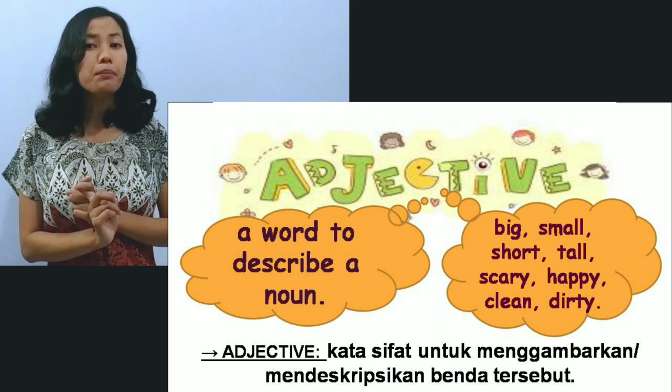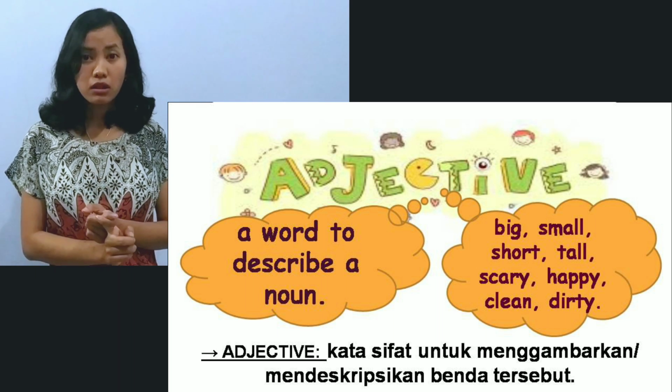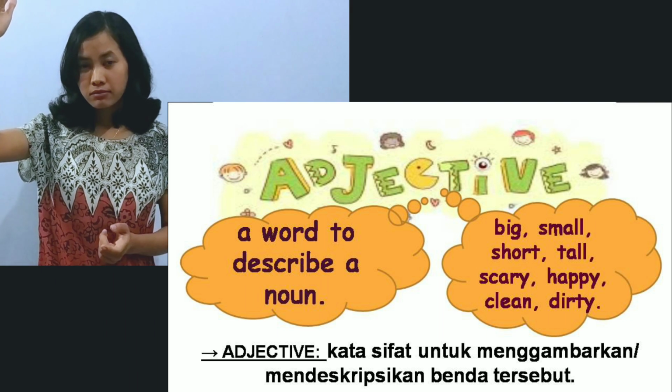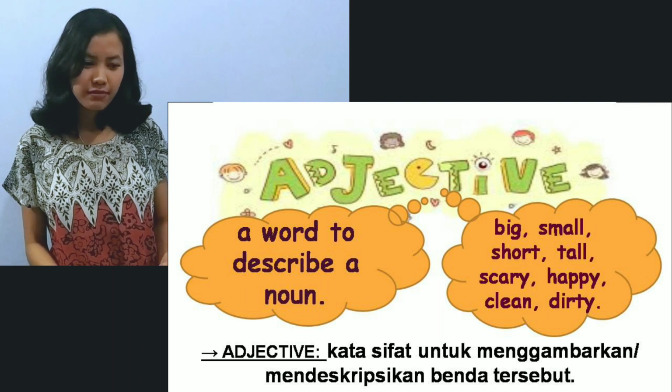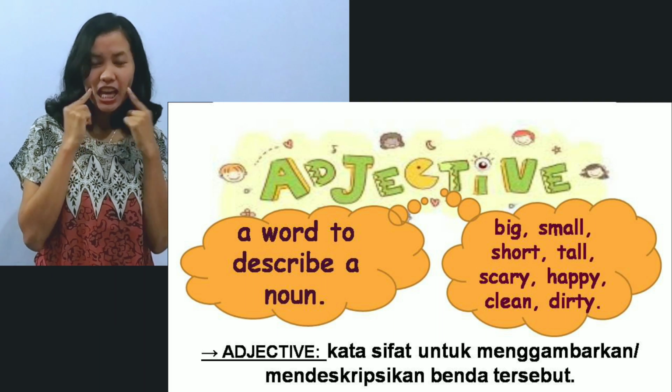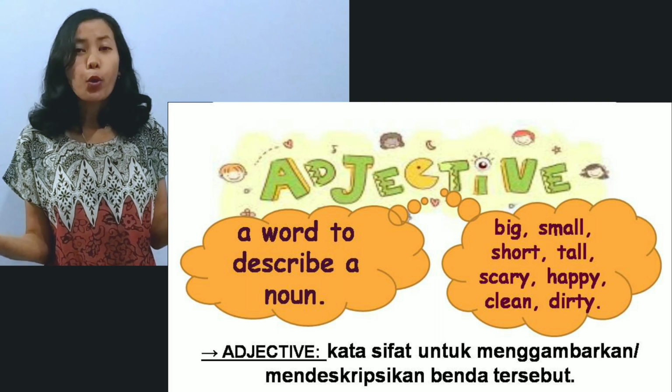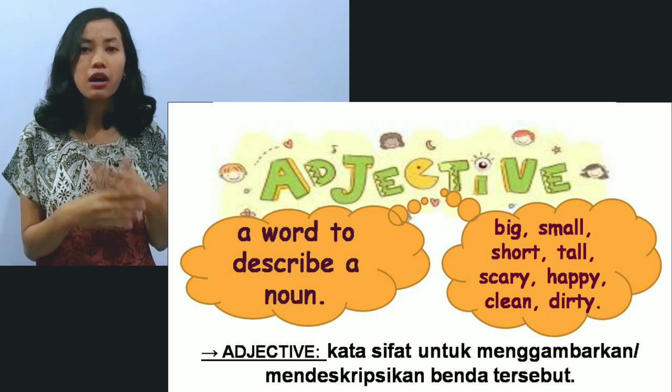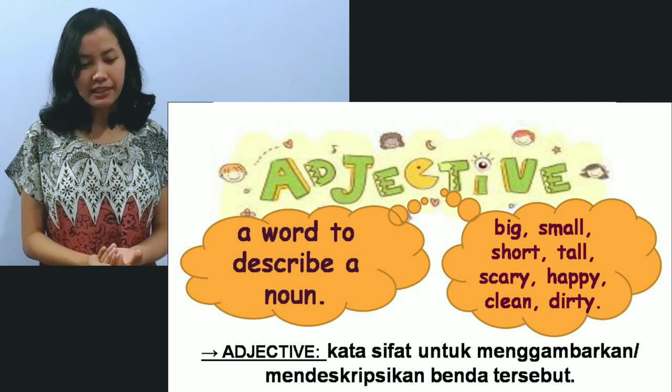For example, big, small, tall, short, scary, happy, clean, or dirty. These are the example of adjectives. Now, let's put a noun and an adjective together.